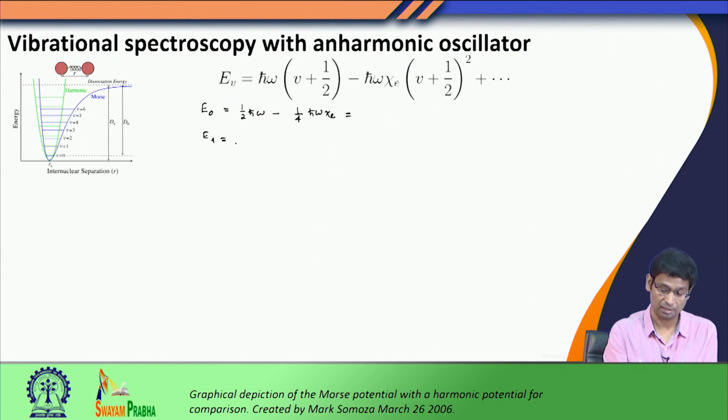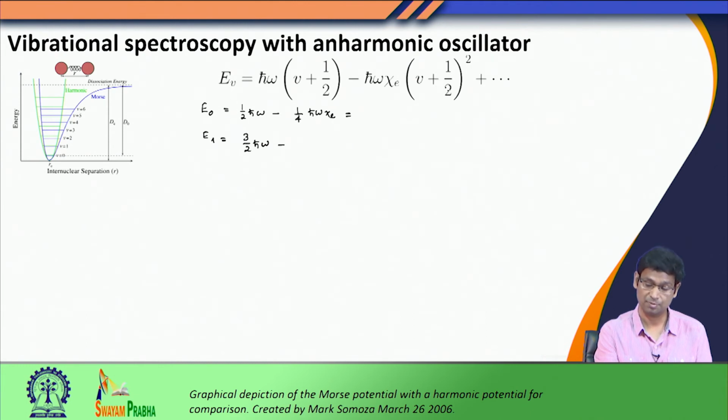Now, let us look at E_1. When V equals 1, I have the energy level as 3 by 2 h bar omega minus 9 by 4 h bar omega chi_e.